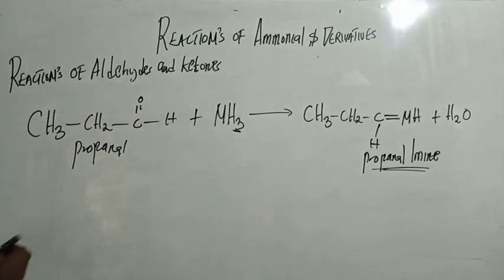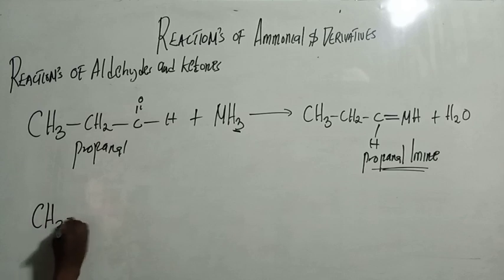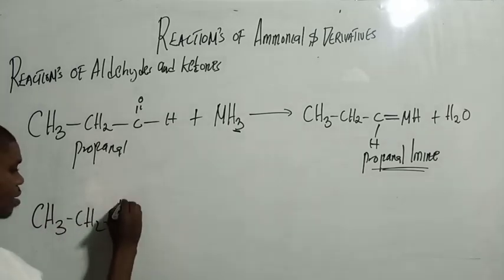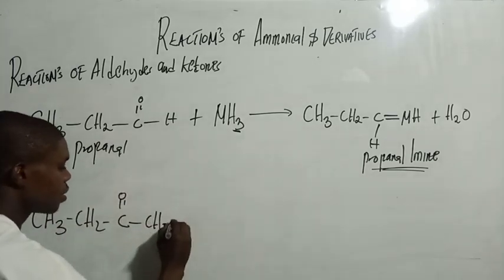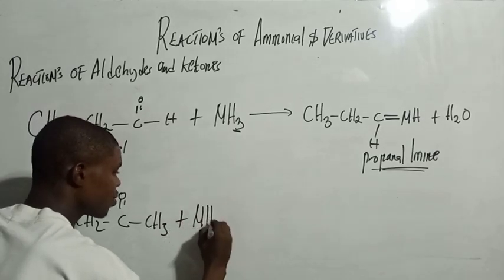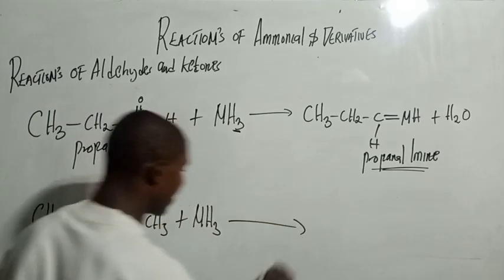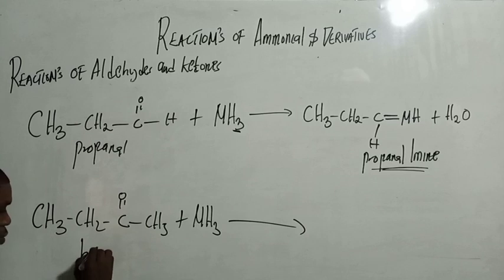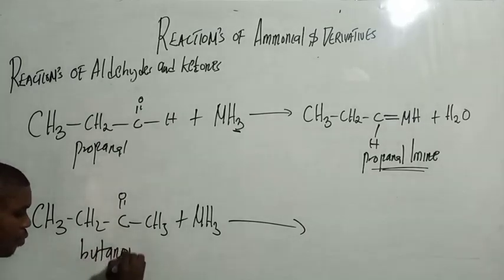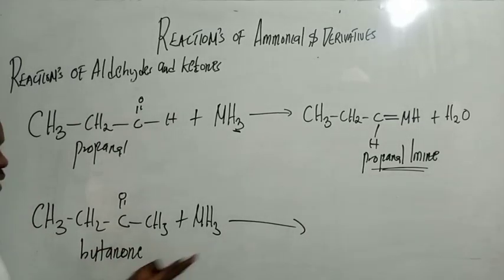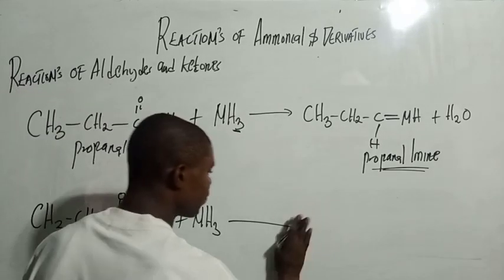The same thing here. If, for example, we have CH3, CH2, C, CH3 plus NH3, this is called butanone. Now, when butanone reacts with ammonia, what will be the products?